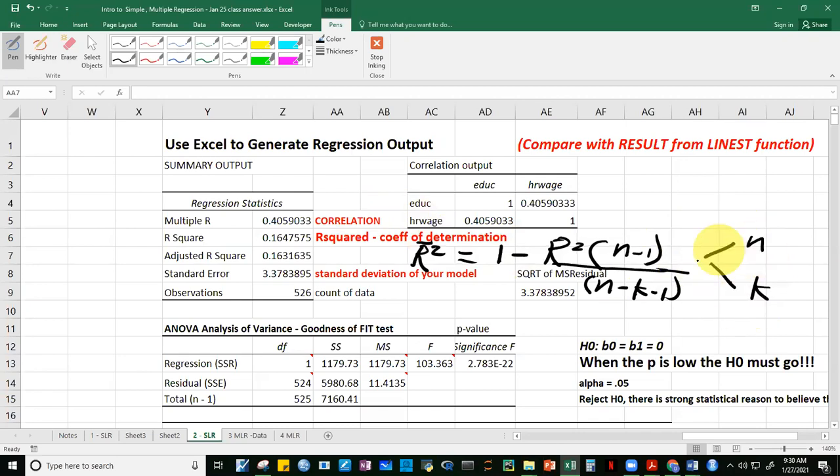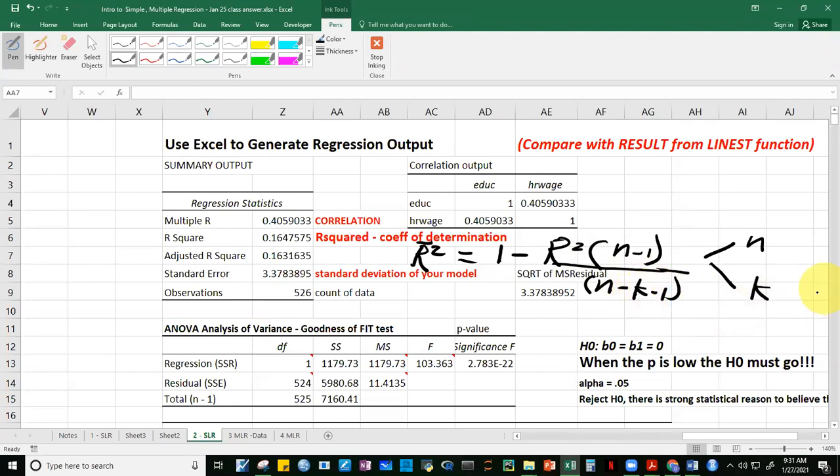Pag malaki yung N, guys, kunyari hundreds of thousands yan, baliwala ito, no? So your adjusted R squared will be just the same as your R squared. Hindi masyadong relevant yung adjusted R squared.